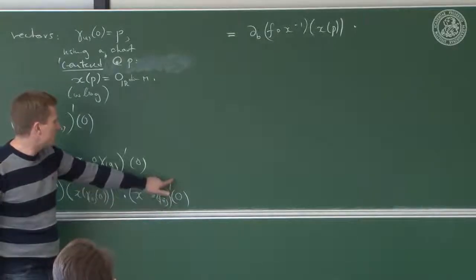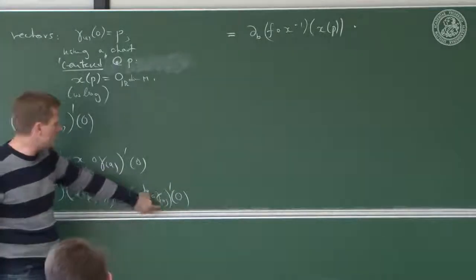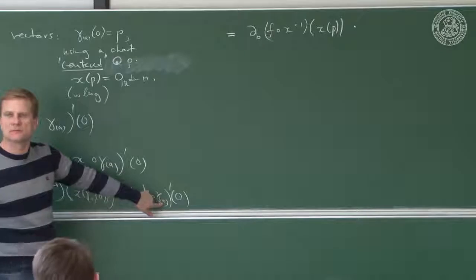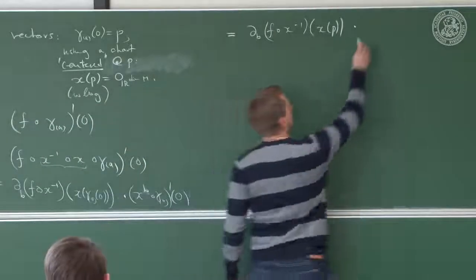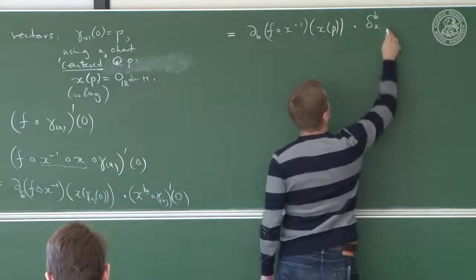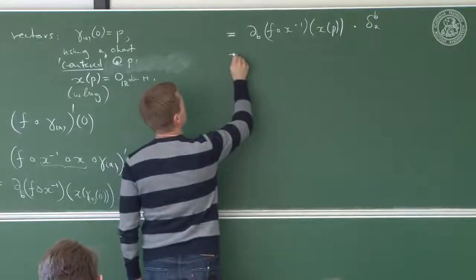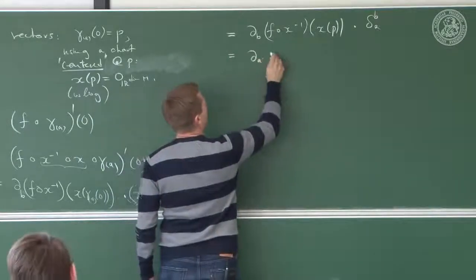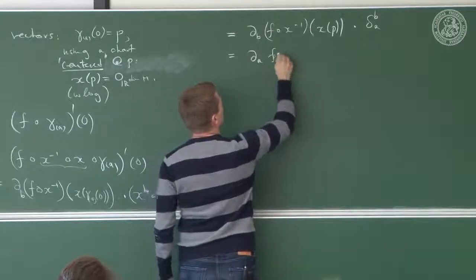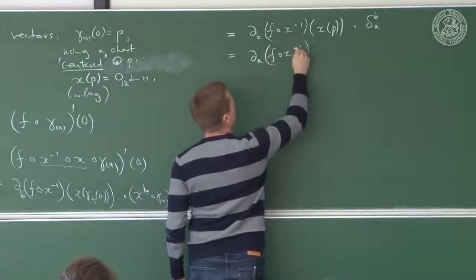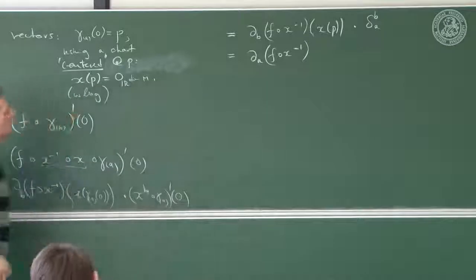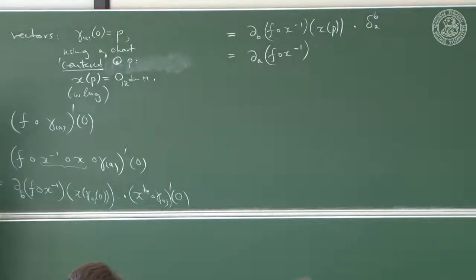That's what we defined. But so if I derive it with respect to the parameter, it's just delta^b_A that remains. At 0, well, that's delta^b_A. But that simply means it's del_A of f after x inverse, right? Yeah, well, that is what it is.